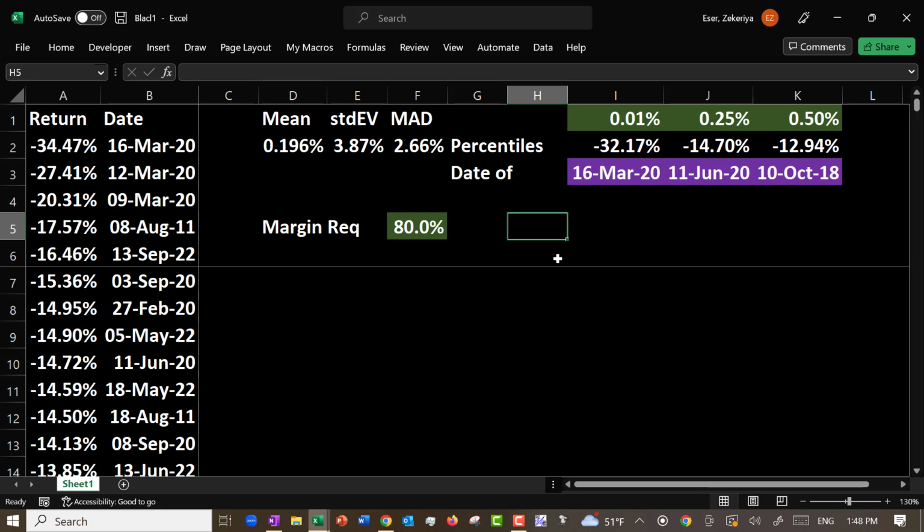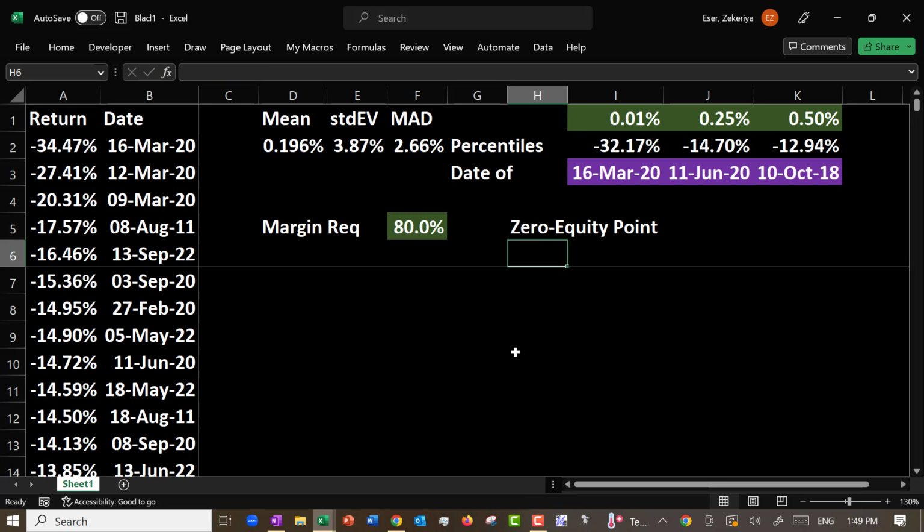So let's figure out wipeout rate, okay? Or zero equity points.